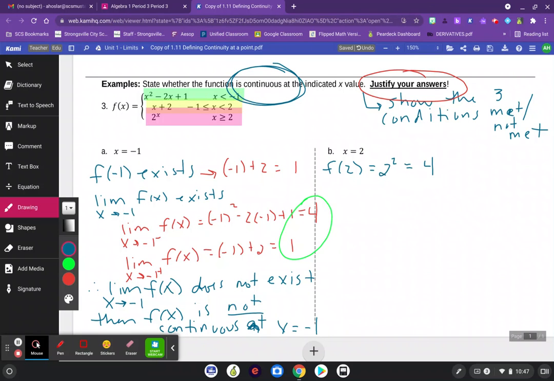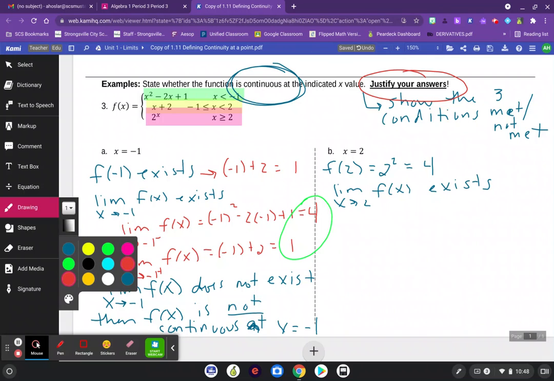Okay, that exists. The next thing I need to check is whether or not the limit as x approaches 2 for my function exists. And in order to make that determination, I need to look at the limit as x approaches 2 from the left of my function. Well, that's going to be the x plus 2 function, and 2 plus 2 is 4.